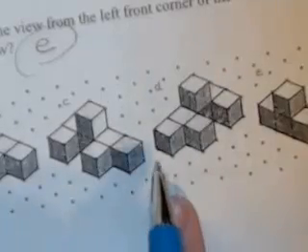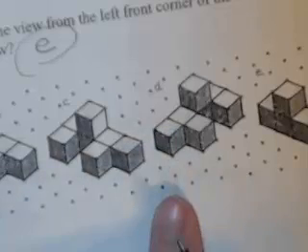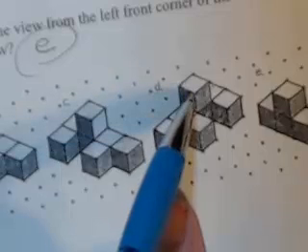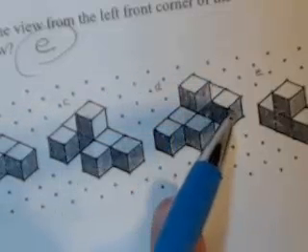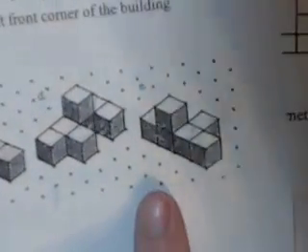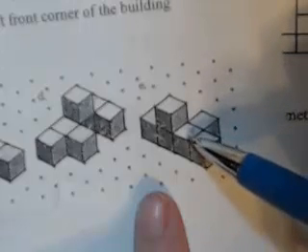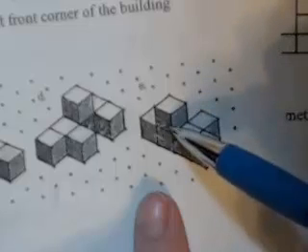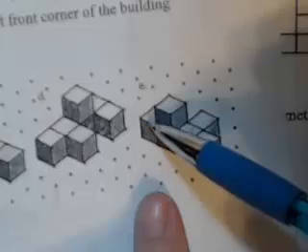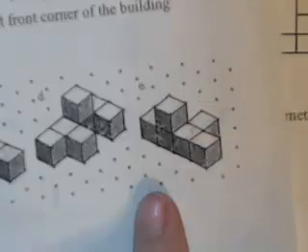But is it turned where you're looking at it from the front? Let's look at the next one. If we're looking at it from the front, you see a 1, a 1, a 2, a 1, and there's a 1 back here we don't see.